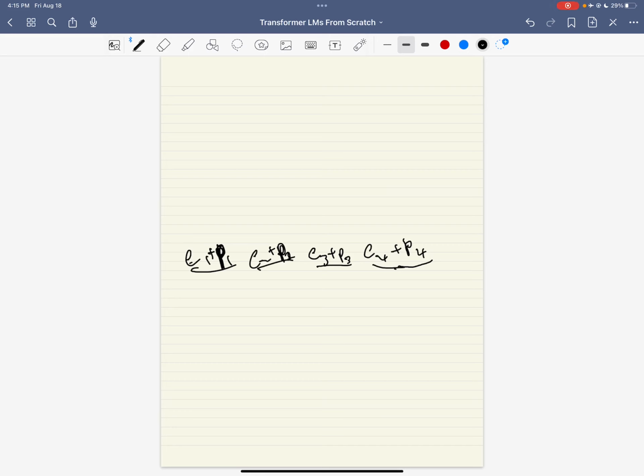And again, these exhibit the properties that you think they would, where the embedding for position 1 is very close to position 2, slightly further away from position 3, but still close by. And yeah, you can use these to imbue your transformer with positional understanding.